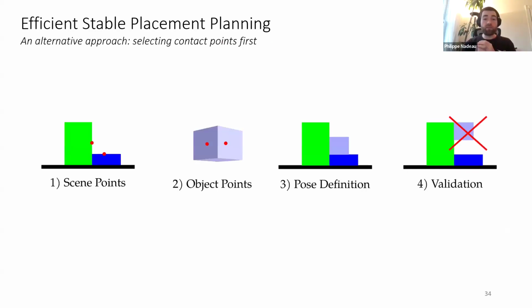So the problem is reformulated into the one of finding contact points in the scene and on the object that result in a stable placement after mating the object to the scene. However, this strategy cannot guarantee that the selected pose will result in a stable placement, and a validation step will always be required.